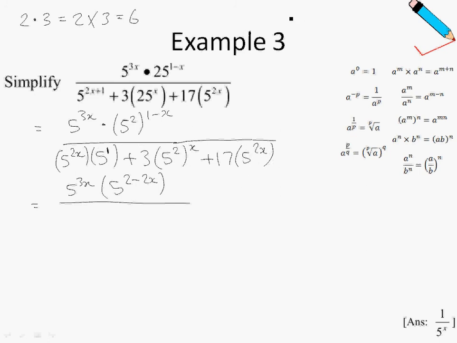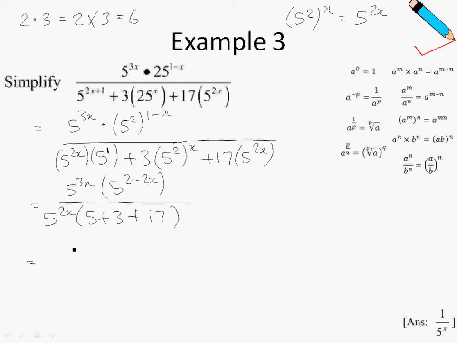And by the way, 5 squared to the power of x is just 5 to the power of 2x. So this term you see over here is 5 to the power of 2x. So let me just factorize out 5 to the power of 2x. Okay, so I'll have 5 plus 3 plus 17.